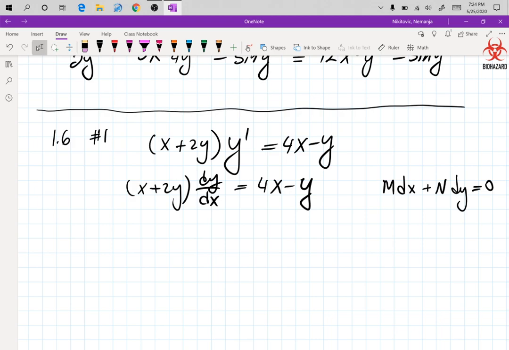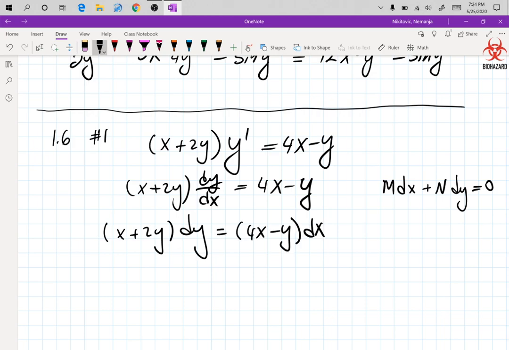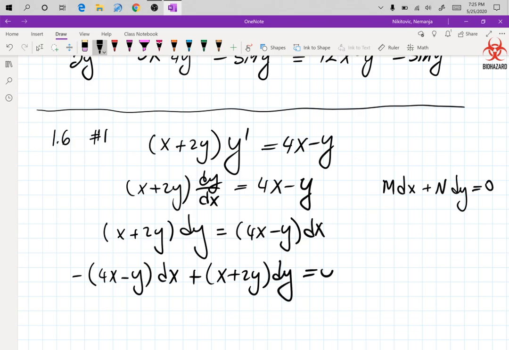So what am I going to do here? I'm going to ship this dx to the other side. So I'm going to have my x plus 2y dy equals, and now these parentheses have to be put here because dx multiplies both terms. Now it's time to move dx to the left. We get negative (4x minus y) dx plus (x plus 2y) dy equals 0.